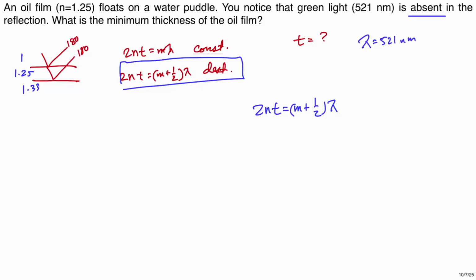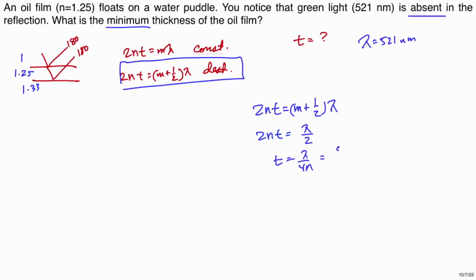As long as it's an integer starting with 0, because we're in the m plus a half one, so we can pick 0. So how do I know which one they want? It says minimum thickness, right? And so again, to minimize this thickness, I would put 0 in for this m. 2nt equals lambda over 2, so the quarter wavelength.